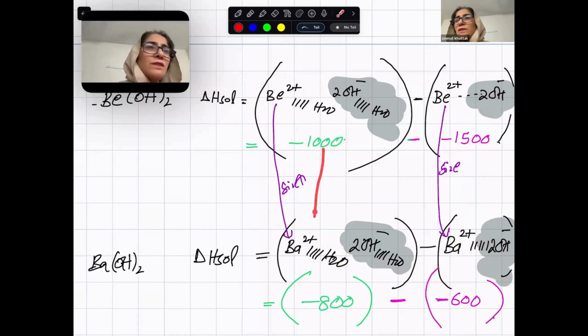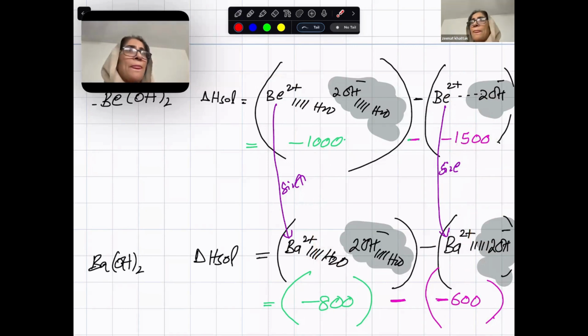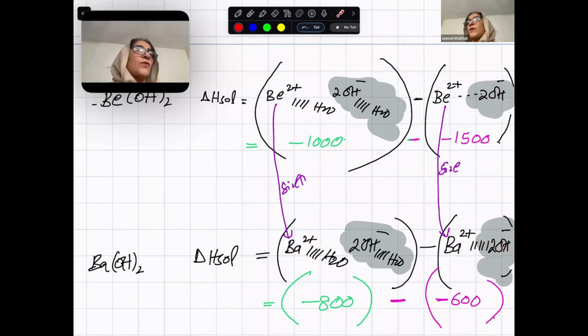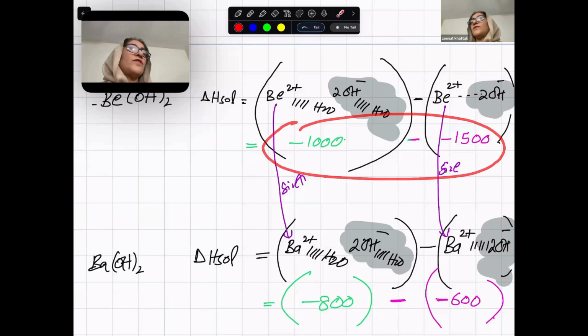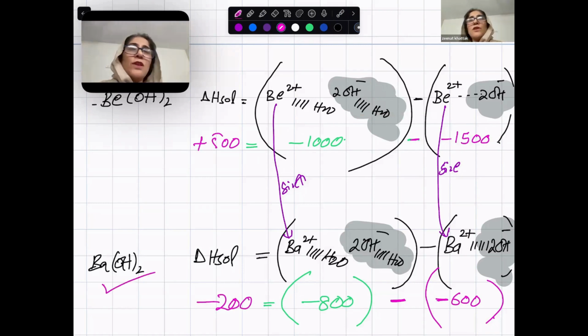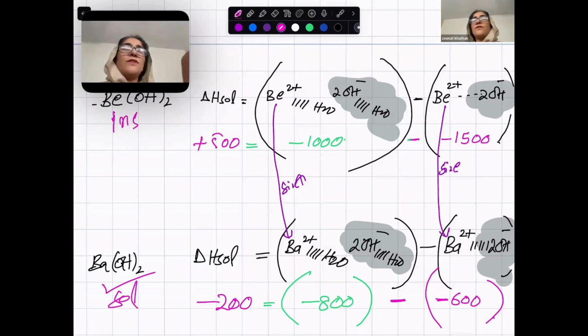But this decreases from 1000 to 800. This decreases from 1500 to this. Which one decreases more significantly? The delta H lattice. What is the sum of this? Endothermic, insoluble. This is what? Exothermic, soluble. This is soluble, this is insoluble.